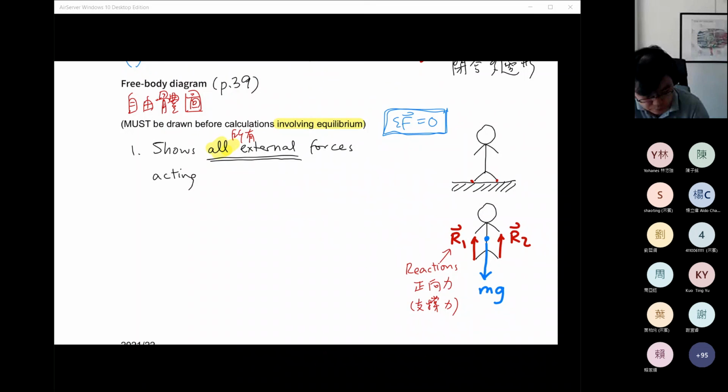Second thing is, if any two things are in contact, there must be a reaction. For example, if the person and the floor are in contact, they must have reaction forces.